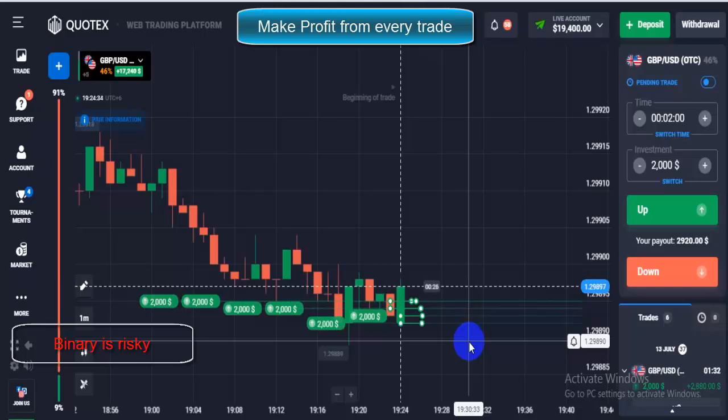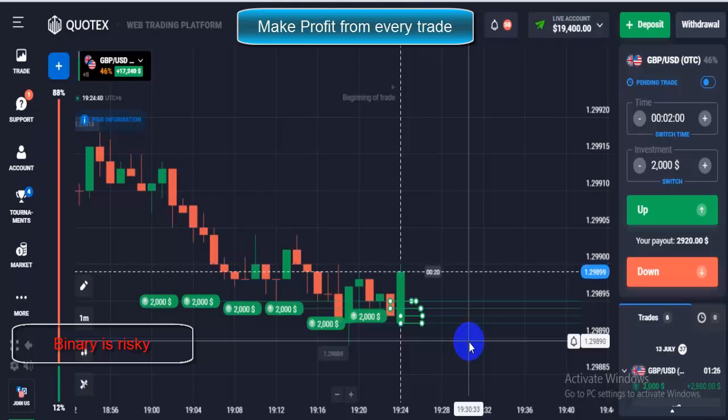Our first order closed within 25 seconds, and I know my first order is a 100% win, and the second one, the third one, and the last fifth one will also win 100%, because I know my strategy has a 100% winning ratio.